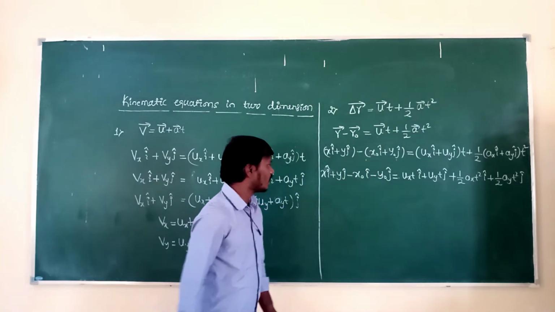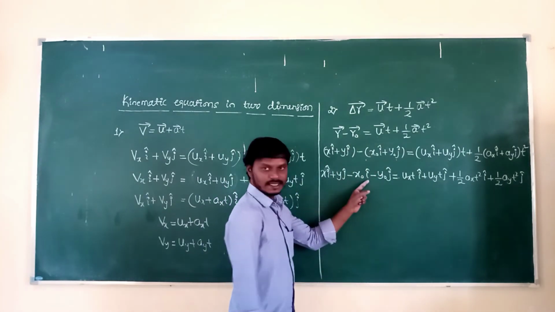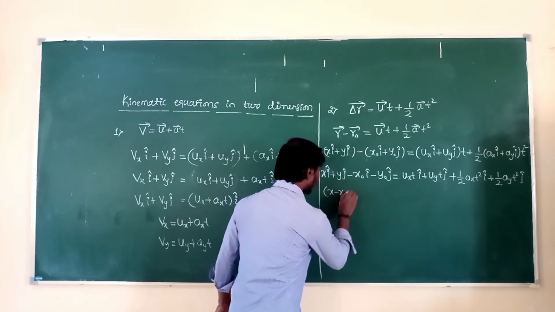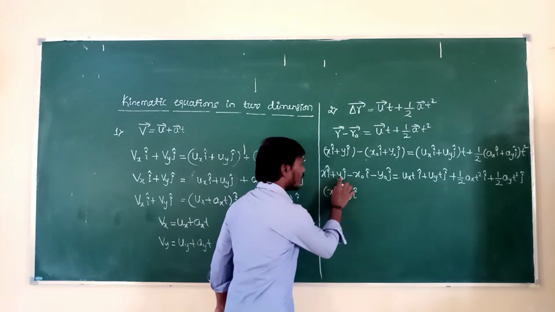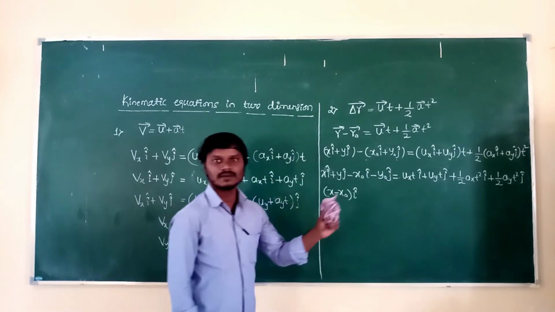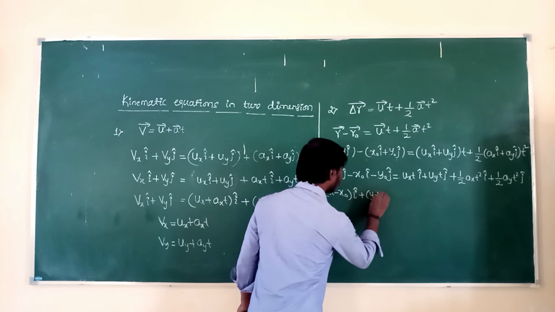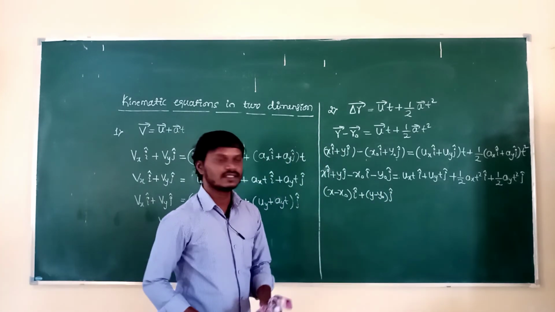Okay, then see here, in these two i is common, then x minus x naught into unit vector i. In these two what is common? j is common, then I will write y minus y naught into unit vector j.